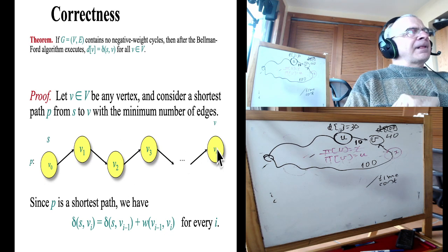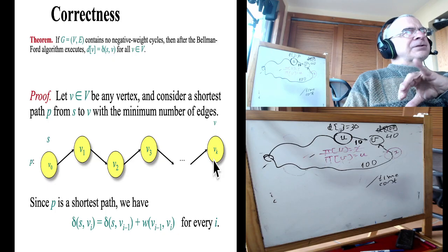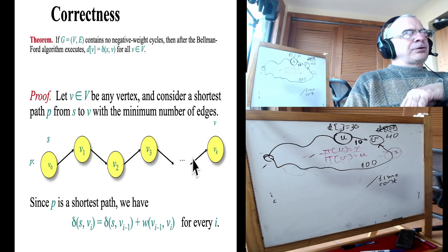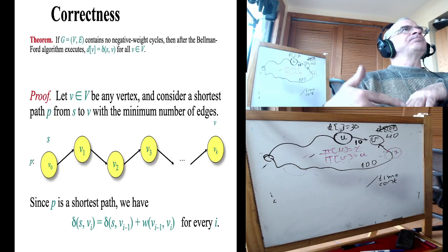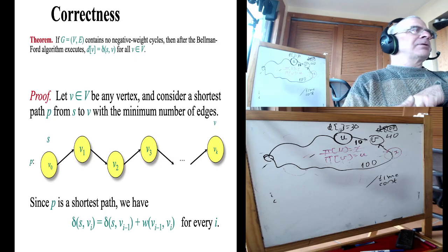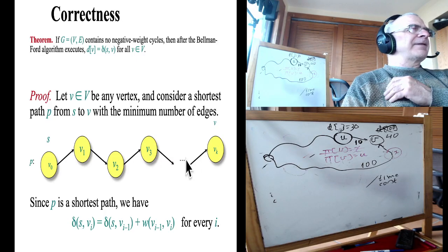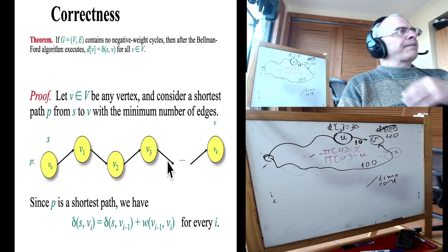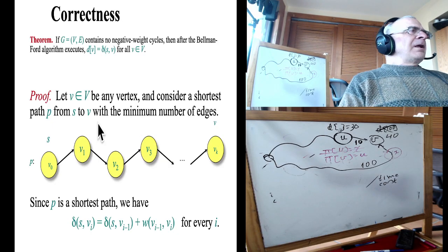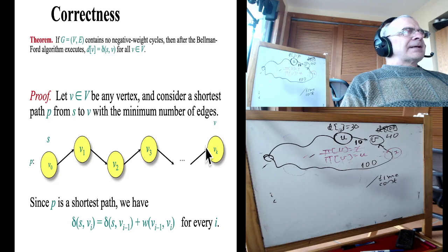And listen carefully to the proof, because it's really the beginning of a lot of algorithms that are based on the proof itself. It's a very constructive proof. So let's look at all these edges. These are the edges in order along the shortest path.